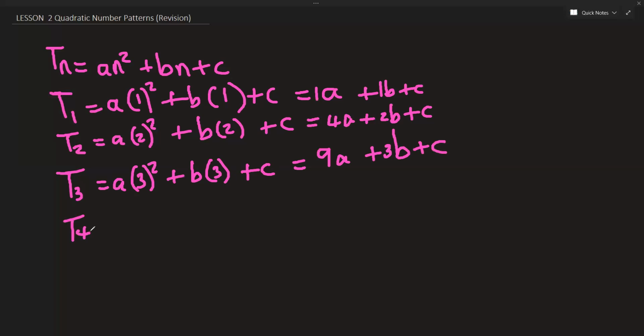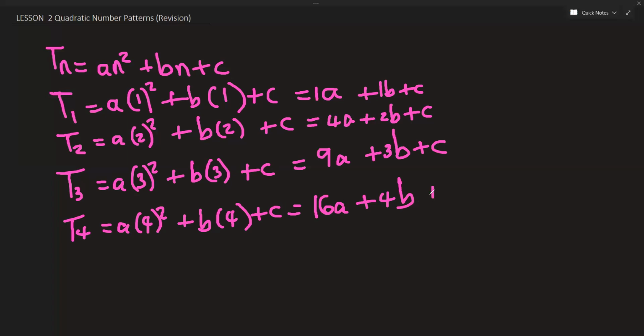Let's do the last term, term 4. We're going to have a times 4 squared plus b times 4 plus c. 4 squared is 16, times a is 16a. B times 4 is 4b, then plus c.